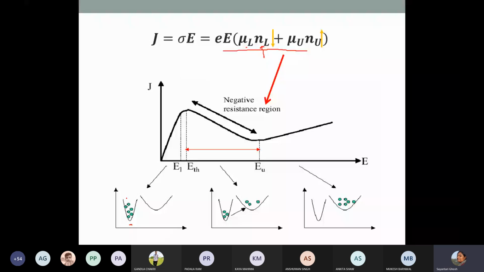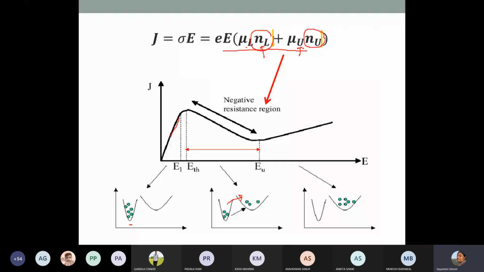But as you increase the electric field or the voltage across the system, at a certain amount of energy, they start switching to the upper valley. As soon as they switch to the upper valley, the number of electrons in the lower valley starts decreasing, and the number of electrons sitting in the upper valley starts increasing. That means the effective mobility decreases very sharply, because the mobility is quite less in the upper valley.